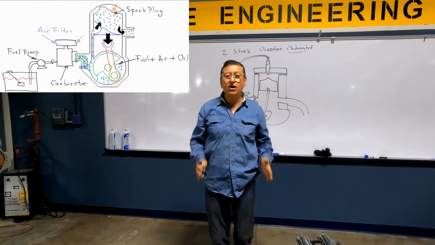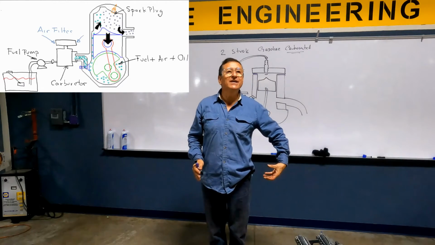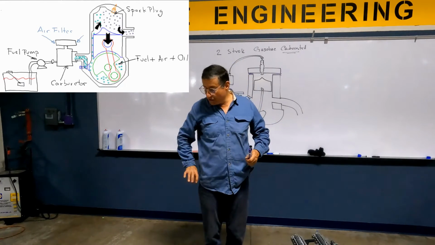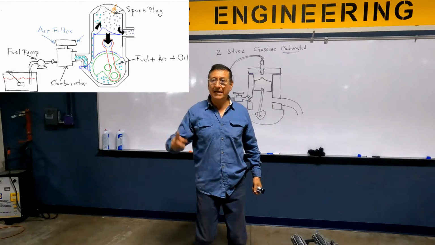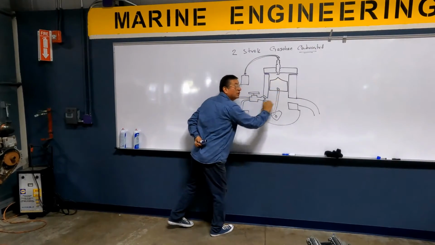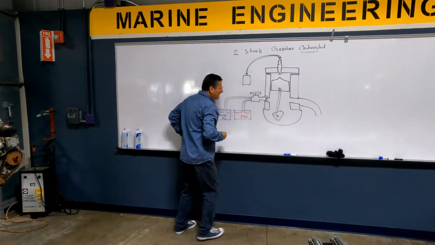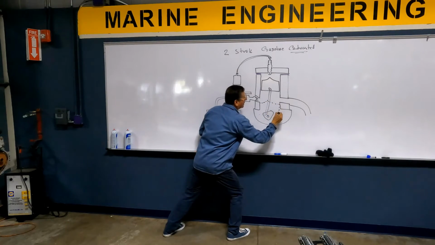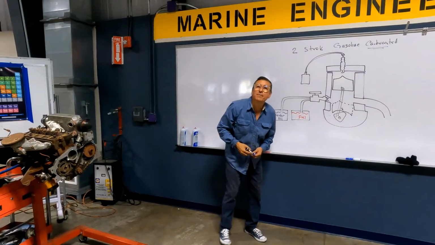Look, this is the block of the two-stroke gasoline engine, and the carburetor is in the bottom, in front of the intake port. And the exhaust manifold is in the bottom, in front of the exhaust port. Pay attention. When the piston is going down, in the moment that the piston reaches the bottom position, what happened in that moment, guys?